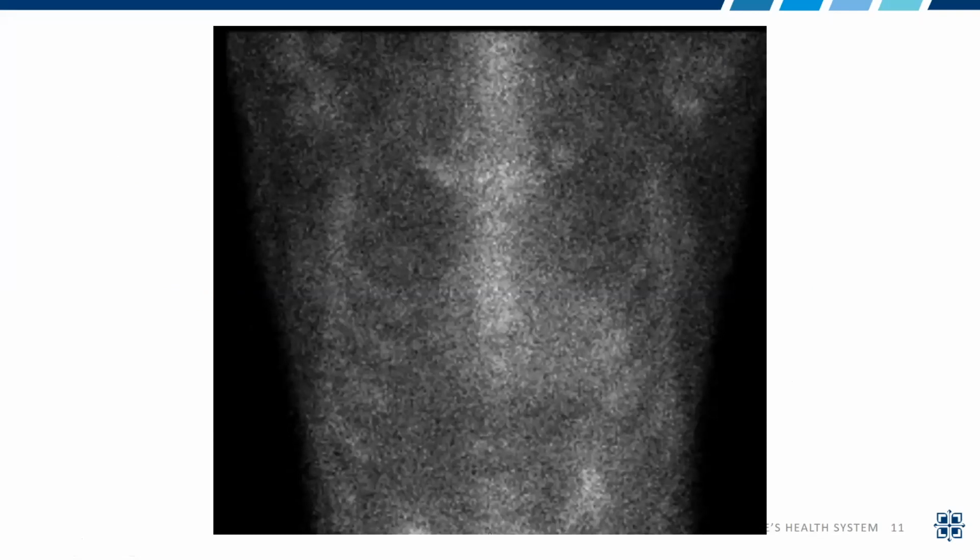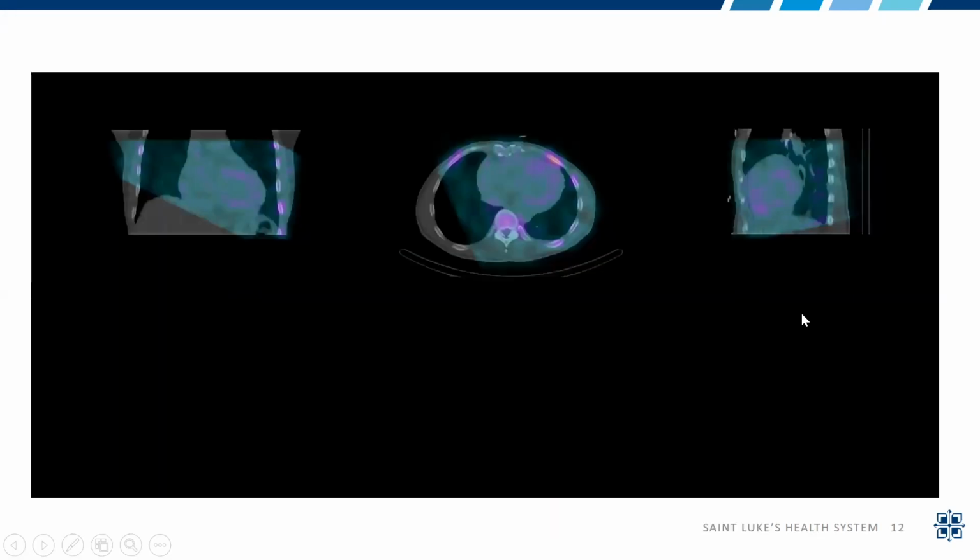Given his age and demographics, though, ATTR was also a concern, and he did have a PYP study. This is his planar image at 1 hour. Not the brightest myocardial area that you've ever seen, but you do see where the heart sits.